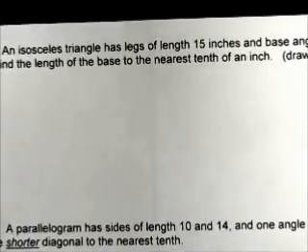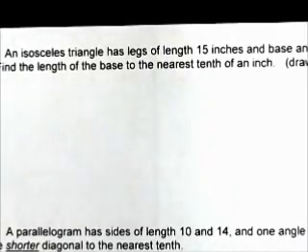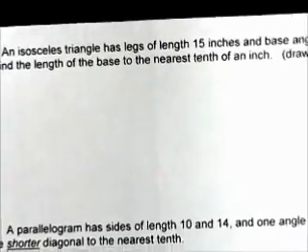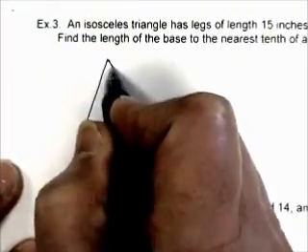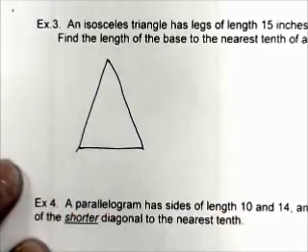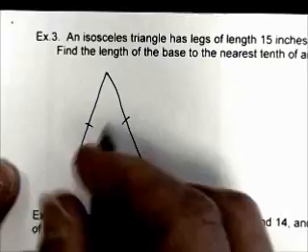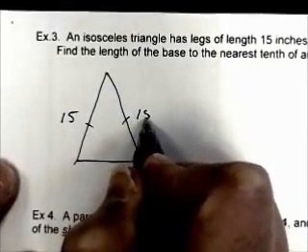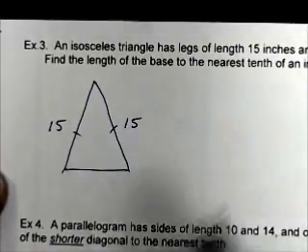Next, an isosceles triangle has legs of length 15 inches and base angles that measure 36 degrees each. Okay, so I need a diagram. My isosceles triangles always look like this. The legs are 15 inches, so those are the two congruent sides, and the base angles are 36 degrees each.